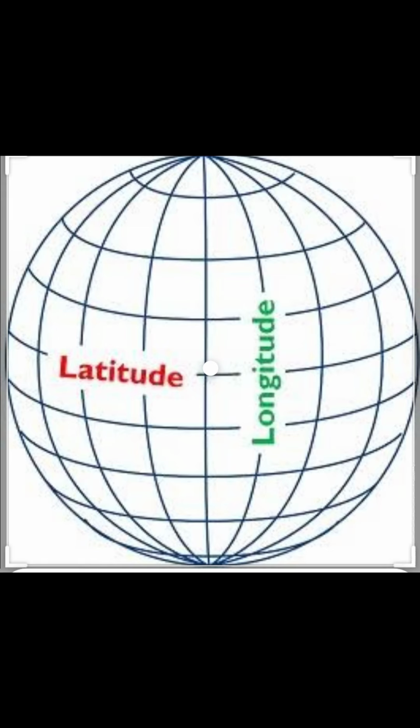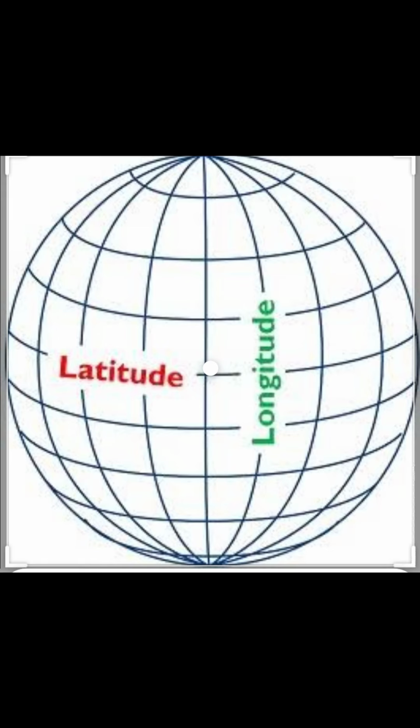Now the longitudes are the vertical lines that are drawn on the globe from the North Pole to the South Pole. You can see the half circles drawn on the globe. These are called longitudes.